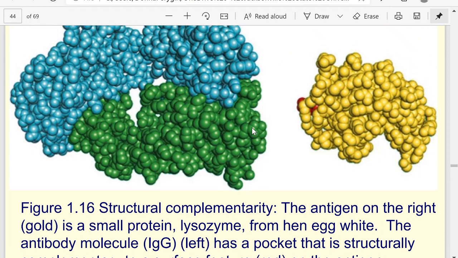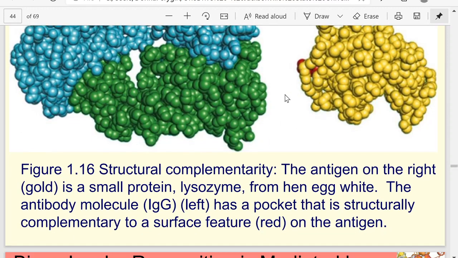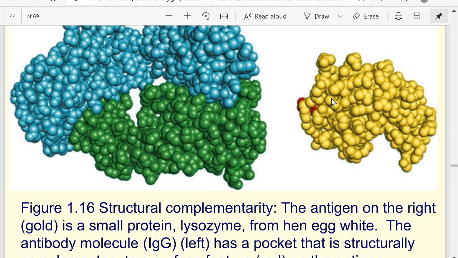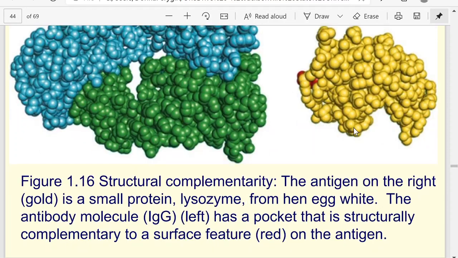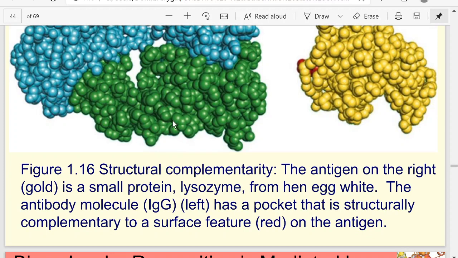So you can see here we have some three-dimensional structures of proteins, and the idea of this slide is that these guys complement each other. We have an antigen on the right, which is a small protein, a lysozyme from a hen egg, and we have an antibody molecule on the left that has a binding pocket that's structurally complementary to this antigen surface feature.